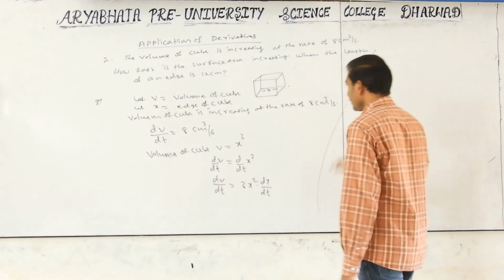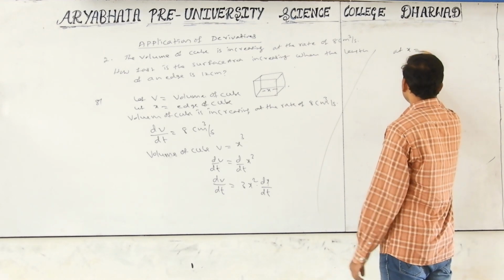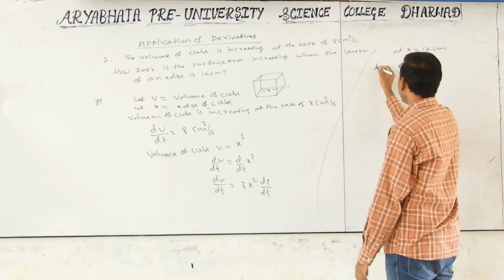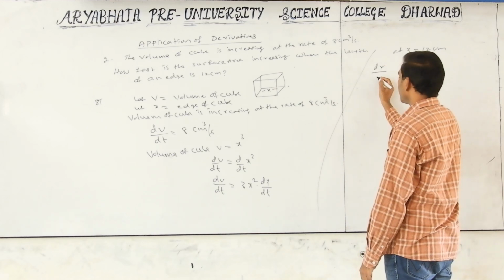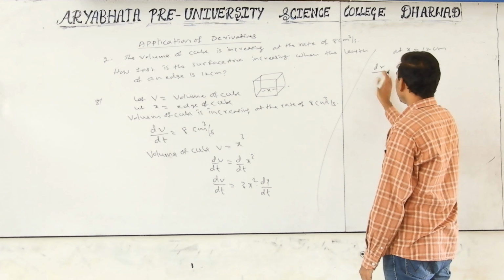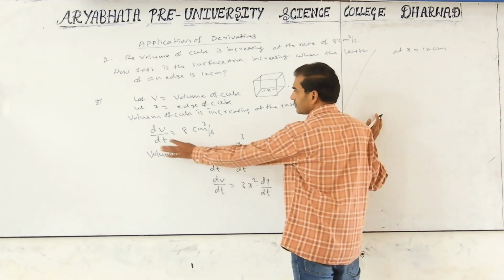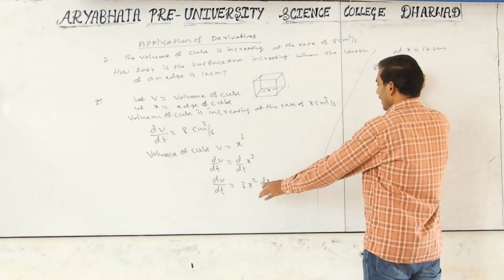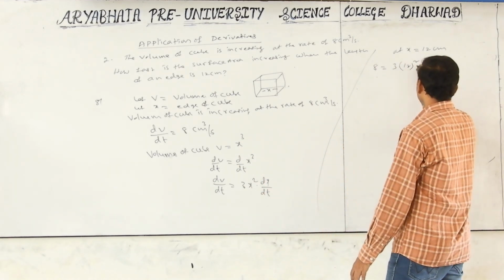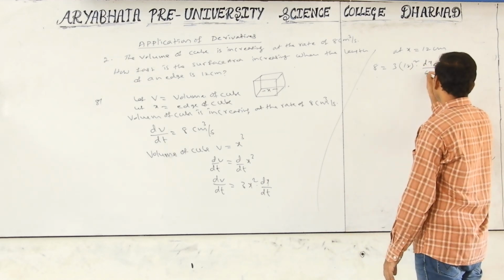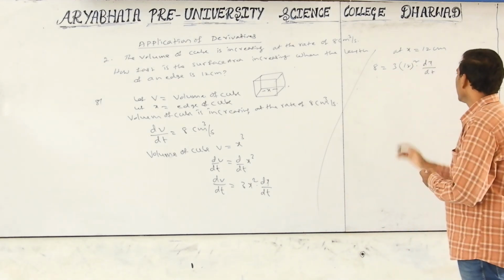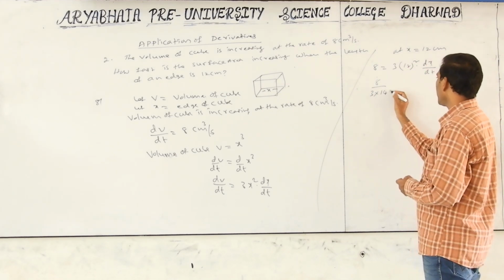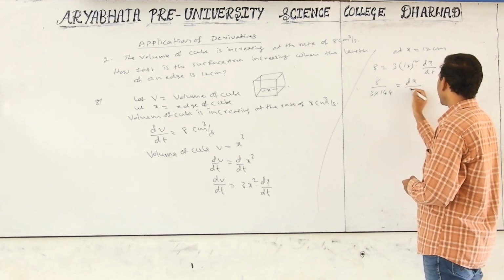Now, given x is equal to 12 centimeter. dV by dt is given. How much is dV by dt? dV by dt is 8, equal to 3 into x square, x is 12 square, into dx by dt. Now, 8 by 3 into 12 square, which is 144, is equal to dx by dt.